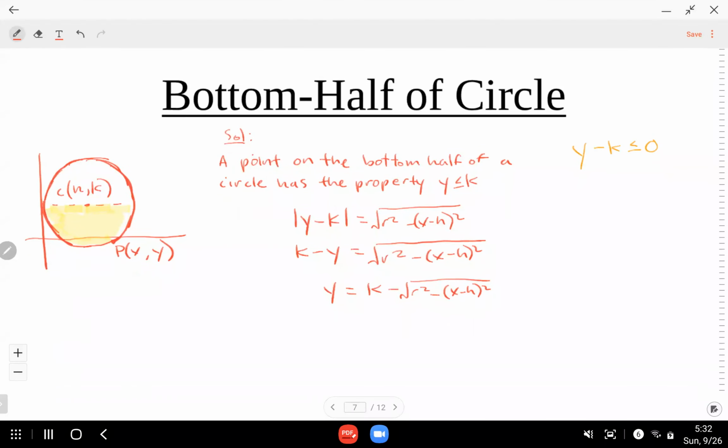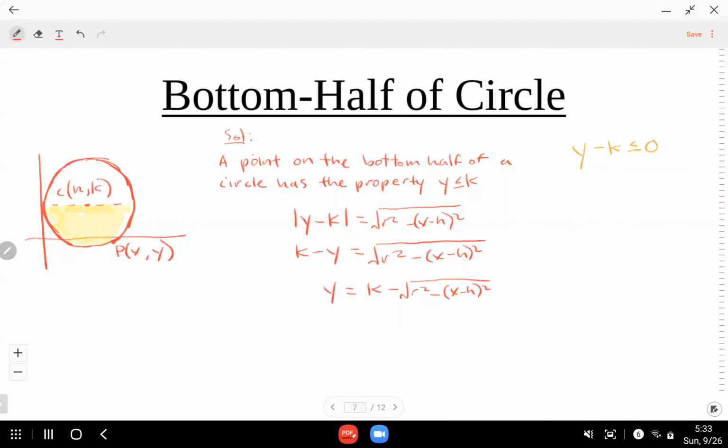Now I'm going to save you some time and not derive the formulas for the right half and the left half, because we all know how to do this now. Now it's the relationship between x and h. For example, in the right half, x is greater than or equal to h. If it's the left half, x is less than or equal to h.